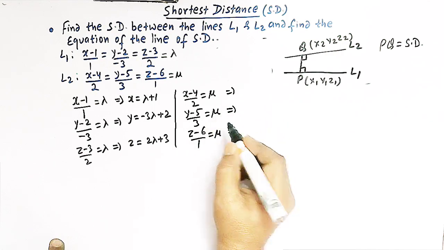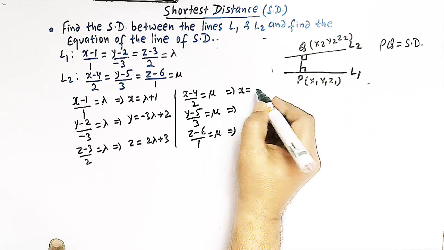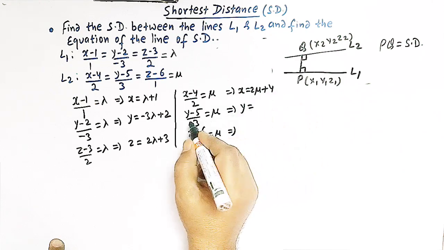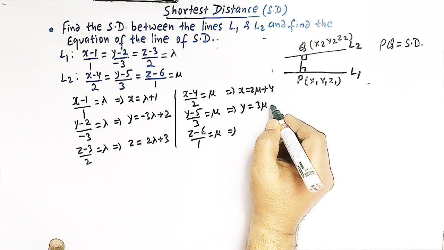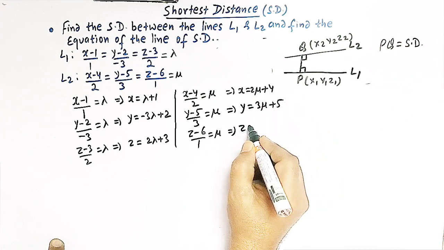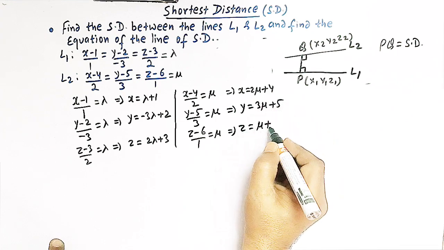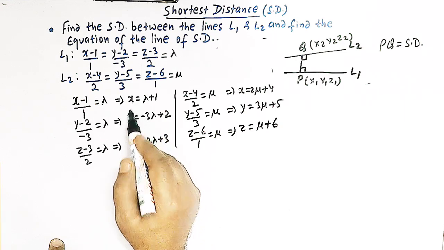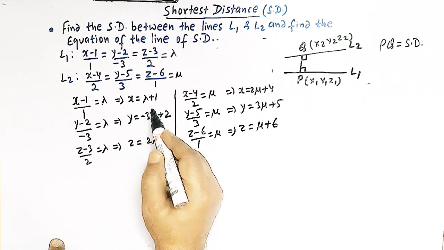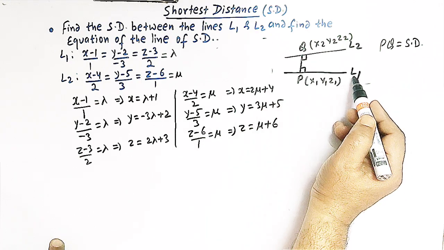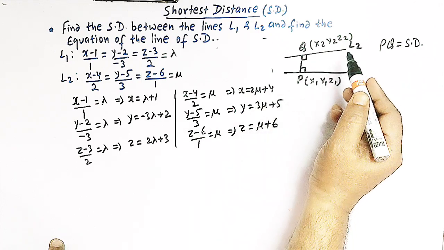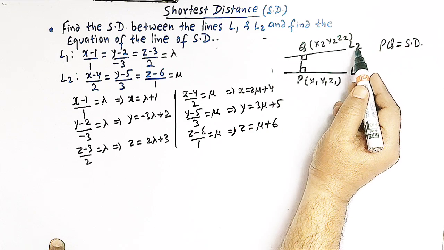From here, we can write x is equal to 2 mu plus 4, y is 3 mu plus 5, and z is equal to mu plus 6, right? So this point (x, y, z) lies on line L1, and this point (x, y, z) lies on the line L2.